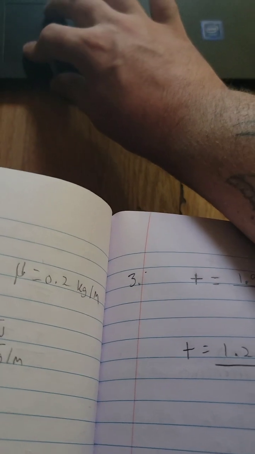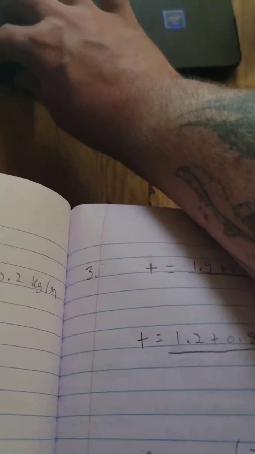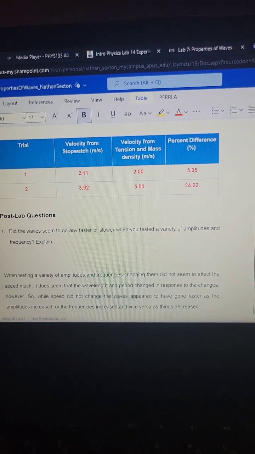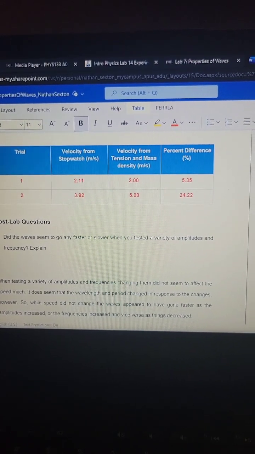Then we end up getting 2.11 on the velocity, and then 2.00.